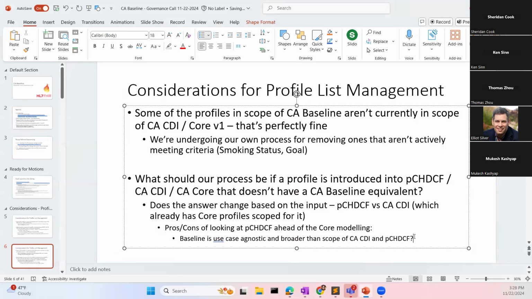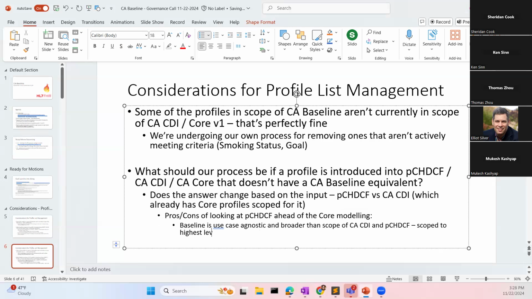So I would say that yes, where CA Core says something that is contrary to what we've said, we should look at relaxing or aligning with them. But I don't know that we should aim to cover CACDI or CA Core Plus.